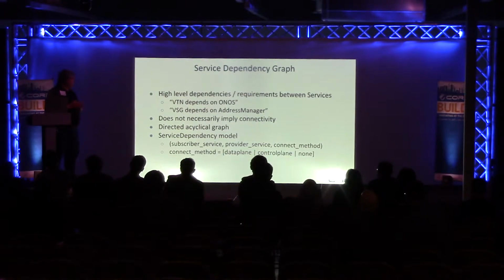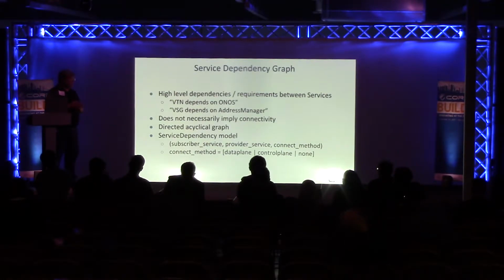The service dependency graph, you could represent it as a directed acyclical graph. I don't think it really makes sense to have cycles in it because one thing shouldn't require another that goes back and requires it. So we postulated that it's probably acyclical. And this is implemented through a model called the service dependency model.